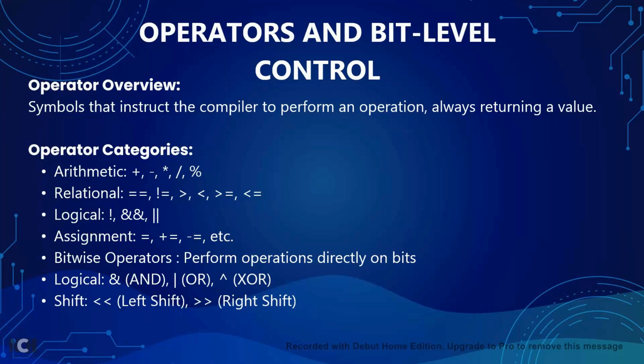Operator categories include arithmetic: plus, minus, into, modulus, etc. Then relational includes equal to sign, then exclamatory equal to, then larger than and smaller than signs, etc. Then logical includes exclamatory mark, and, etc. Then assignment operation includes equal to, plus equal to, minus equal to, etc.